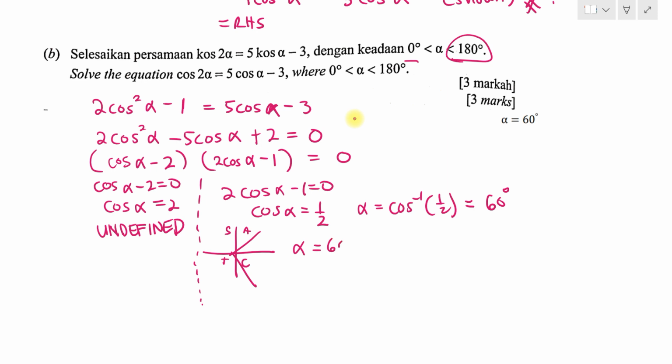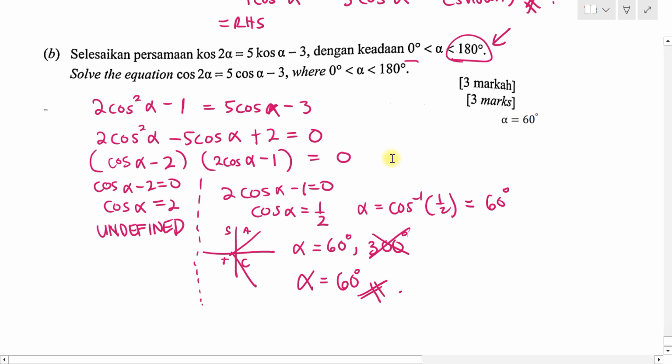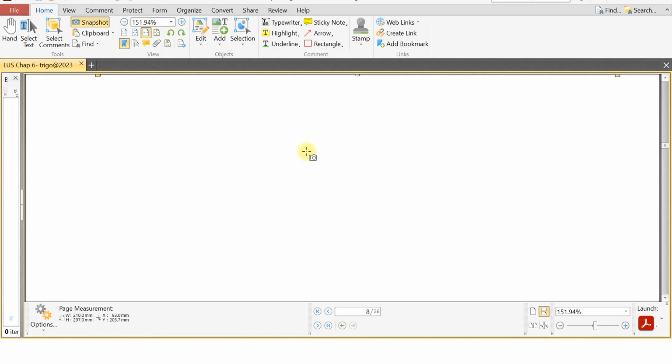Okay, 60 degree, and then the fourth quadrant one, 360 minus 60, 300 degree. But for alpha we only choose 60 degree, because 300 degree is not within the range, right? We want until 180 only, so we cross out this answer. So that's the only answer you can get. Alright, moving on to the next question.